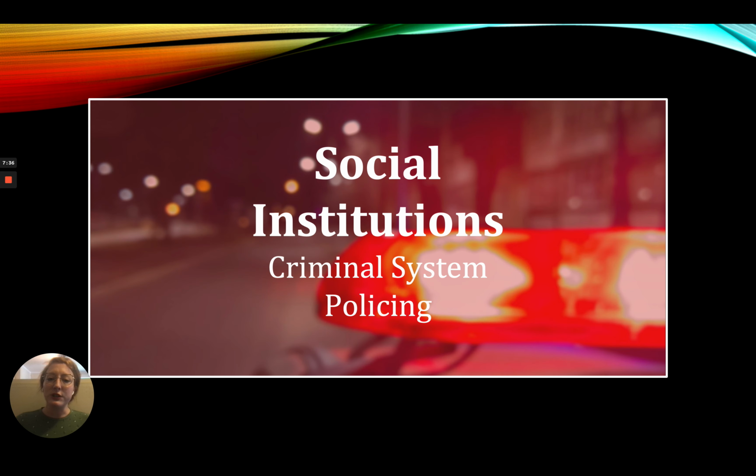Okay, again, just as review, thinking about social institutions and the criminal system and policing, we can also think about some other ones as well, right? So government is a social institution, and it relates to some of the topics we're covering this week with the criminal system and the prison industrial complex, because our government is in large part in control of the laws that we have on the books, and that determines who is following the rules and who's being policed and that sort of thing.